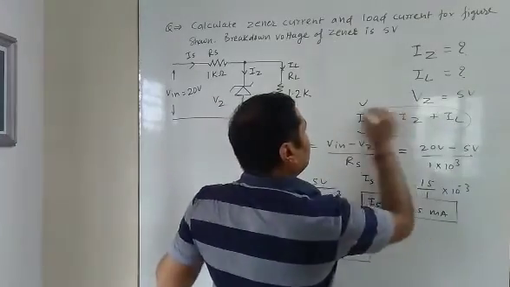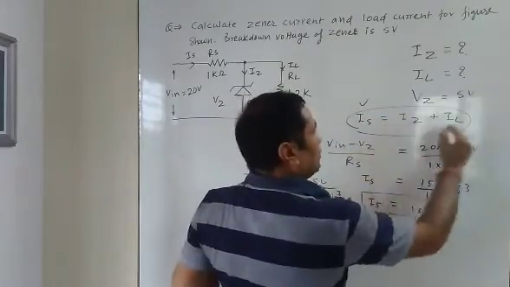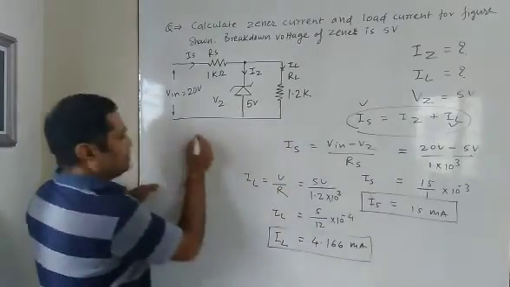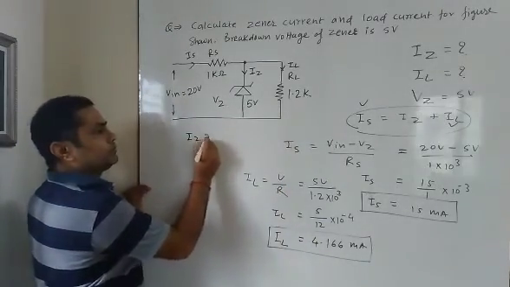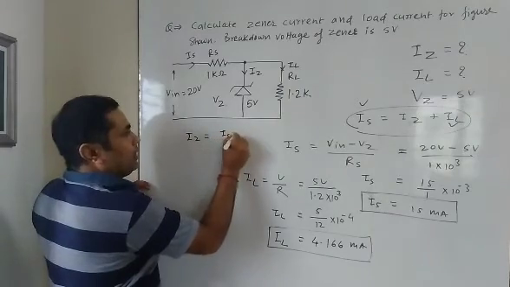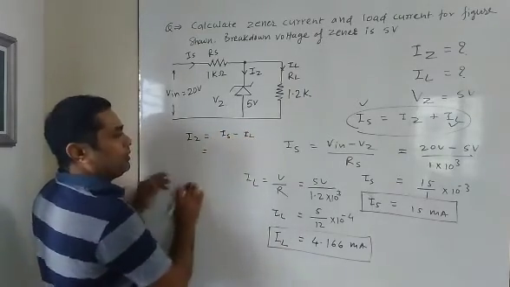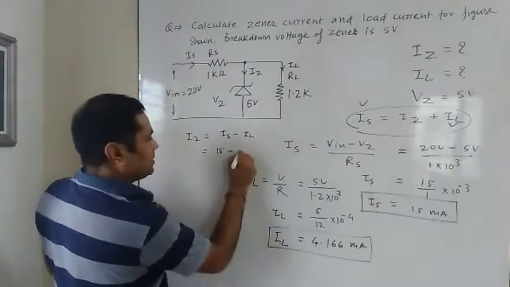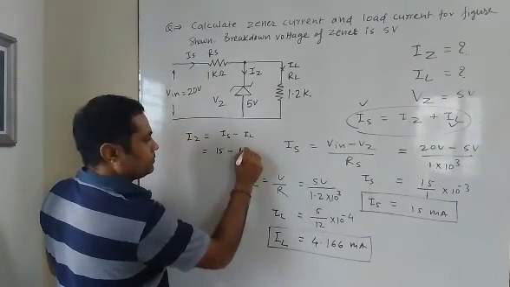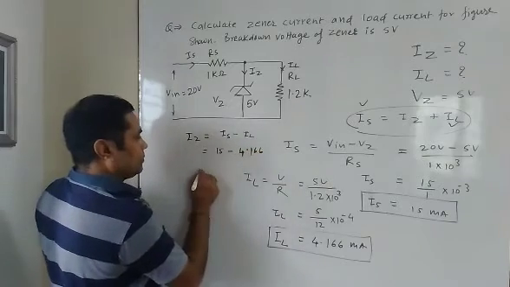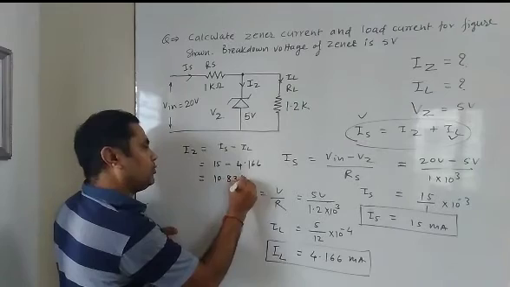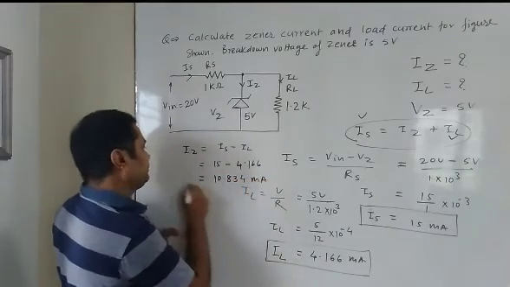Now in this equation, Is is known and IL is known. What will then be Iz? Iz equals Is minus IL. Is is 15 milliampere minus IL, which is 4.166, so it will be equal to 10.834 milliampere.